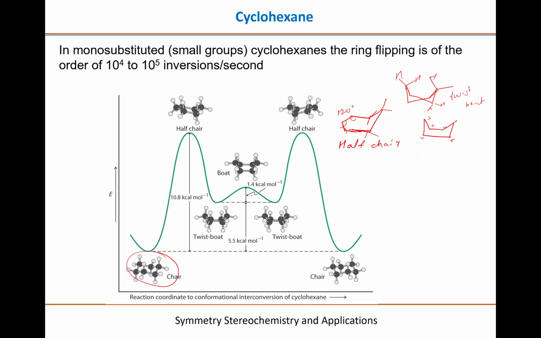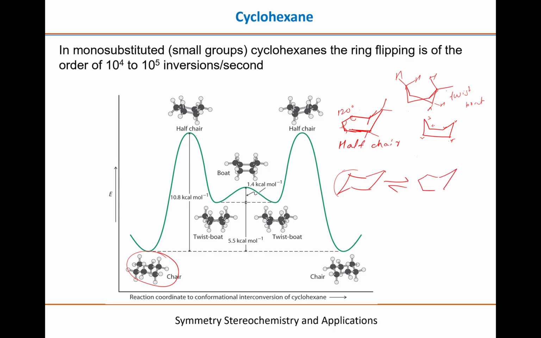Now again it will get converted to twist boat, then half chair again, and this cycle will be completed. This energy profile diagram will be completed by again the chair conformation. How are they drawing this way? Suppose we are starting with the chair conformation. With chair, if we flip this side, it will become half chair. Correct?